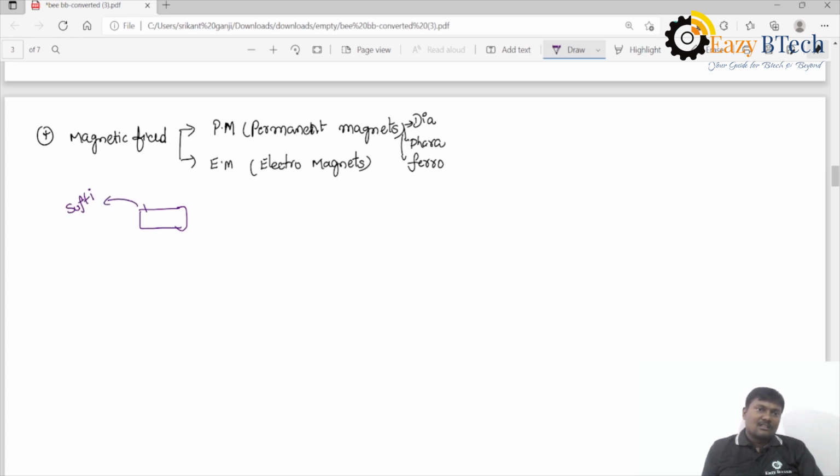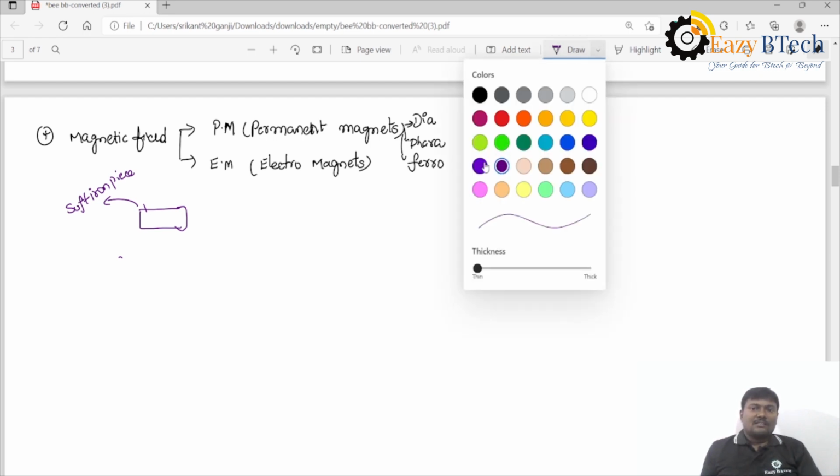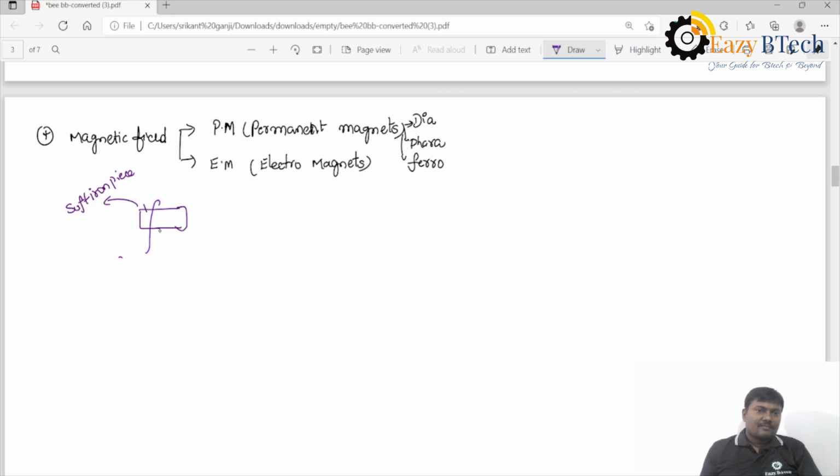a soft iron piece, that may be silicon steel, and some coil is wound on this, like this, and this is the sense of winding. If the current passes through this coil, if the fingers represent the direction of the current, the thumb indicates the direction of the flux according to the right hand grip rule.